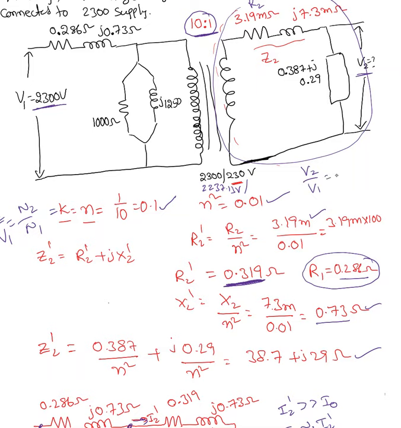V2 over V1 equals N2 over N1. So my V2 equals 1 over 10 times 2237.13, so my V2 must be 223.71 volts. I'm expecting 230 volts, but I'm receiving only 223.7 volts.